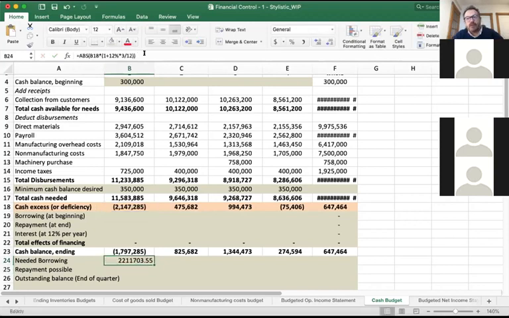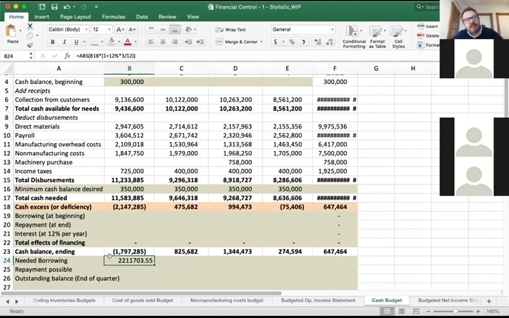So to answer your question, Kian, this amount, 2,211,000, is a theoretical amount we need to borrow. We have to borrow both principal and interest in Q1 and have cash balance ending. So we want to borrow enough to be able to pay the interest at the end of the quarter and to have 350,000 minimum.